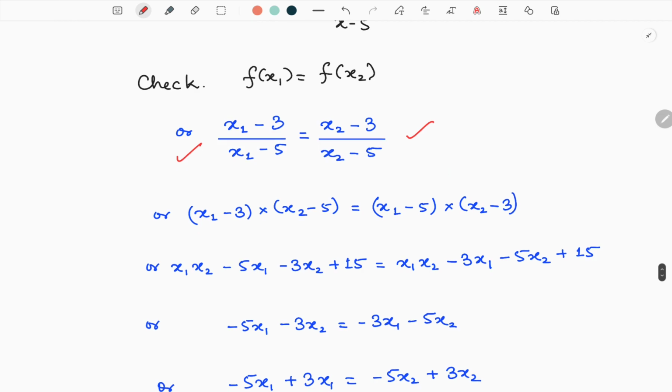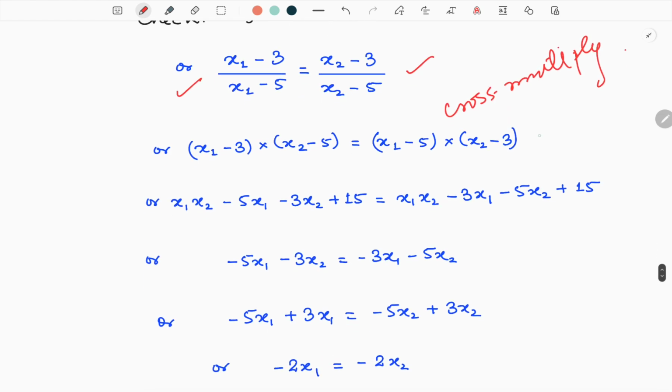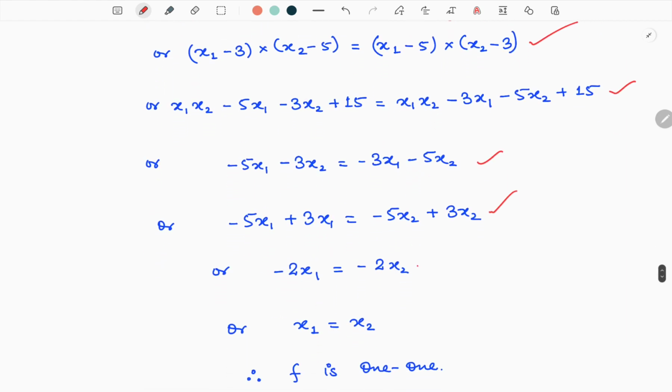If you cross multiply these two sides and simplify the equation, you can see after 4 steps we are getting −2x1 = −2x2. This implies that x1 = x2. So if x1 = x2 is coming, therefore f is one-one.